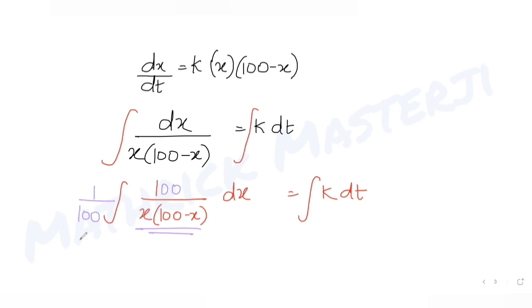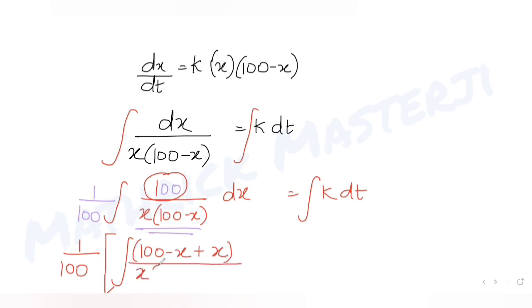Once I get 1 over 100, I can reframe the numerator 100 as 100 minus x plus x, divided by x into 100 minus x, dx, which is the integral of k dt.